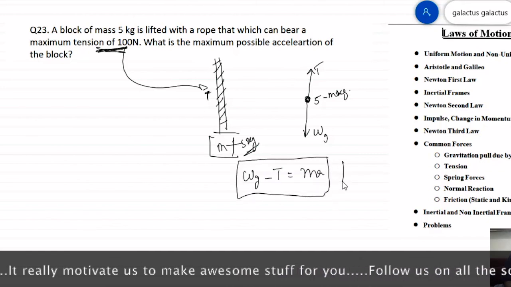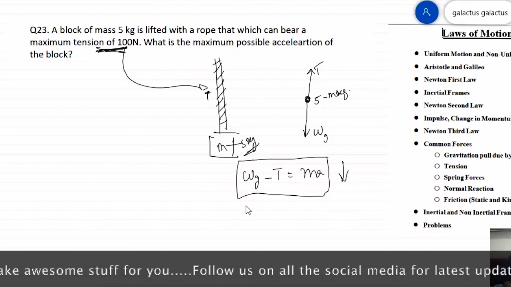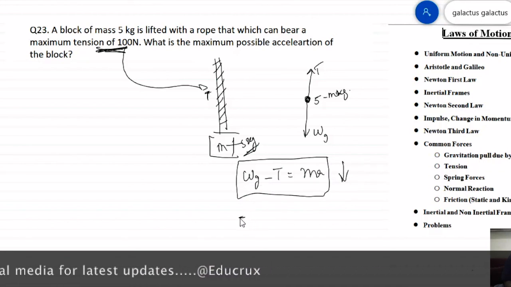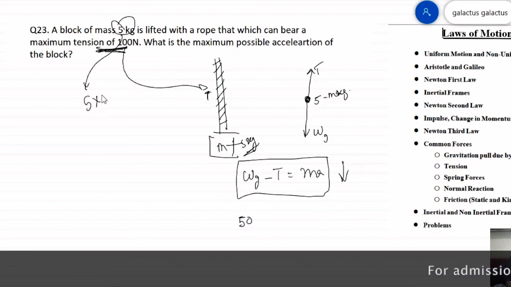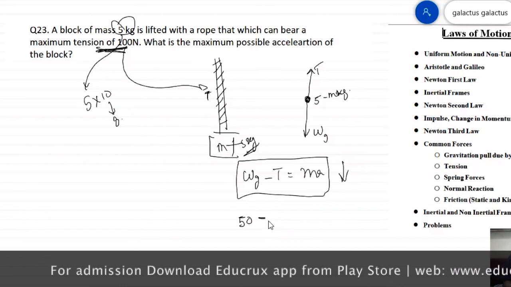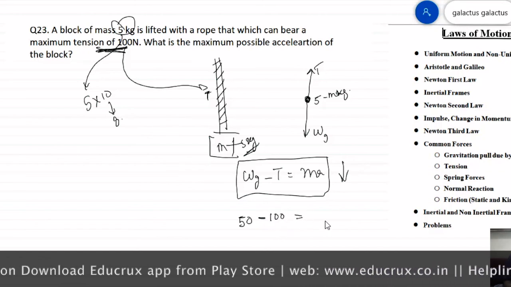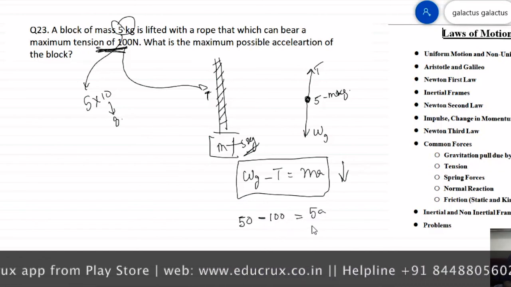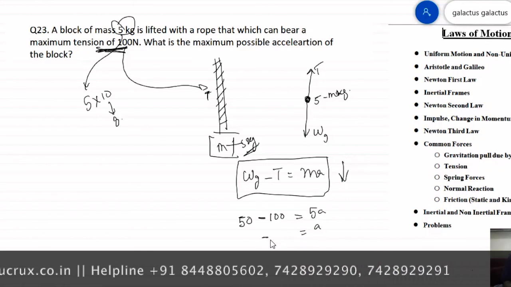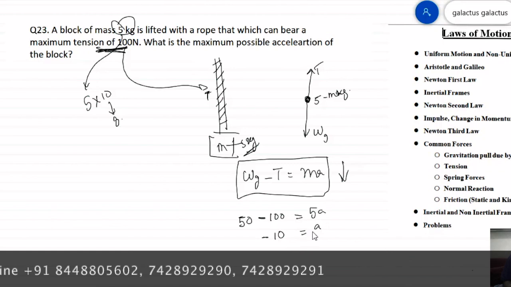The weight of the block is m into g, which is equal to 50, because 5 into 10, where 10 is the acceleration due to gravity g, and the tension is minus 100 newton, which is equal to 5a. So acceleration is equal to minus 10 meter per second square.